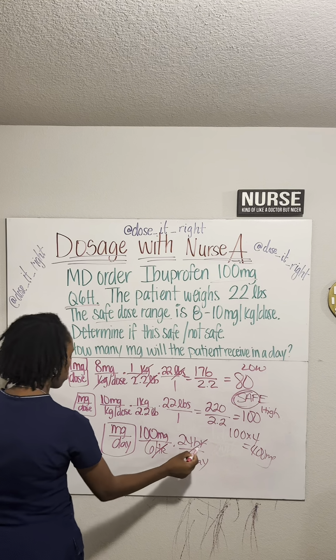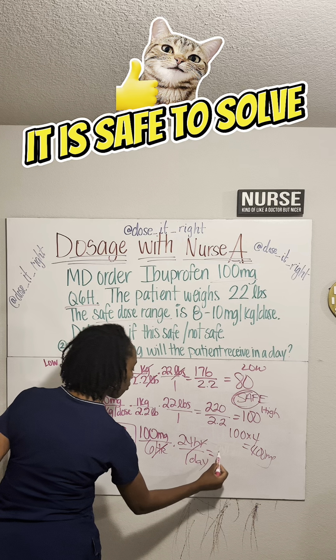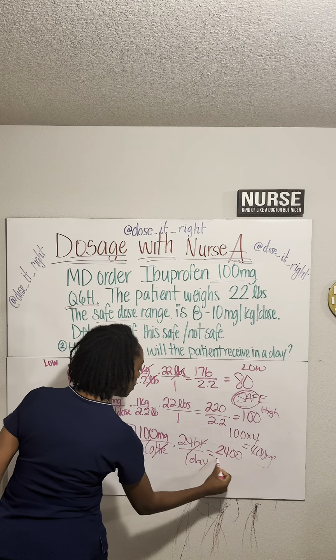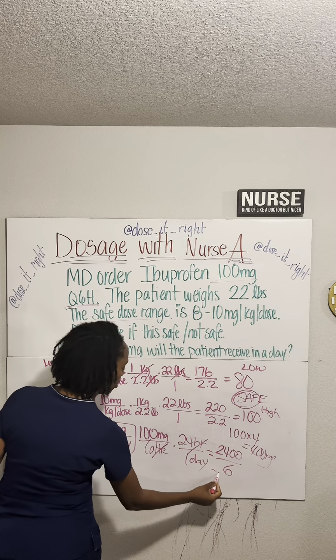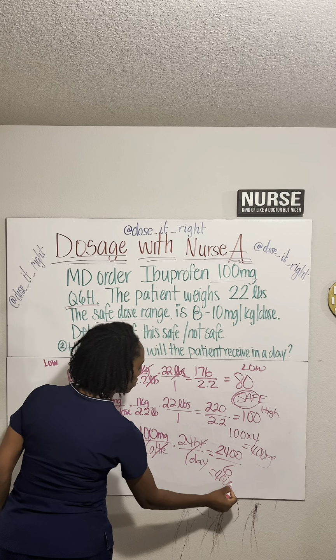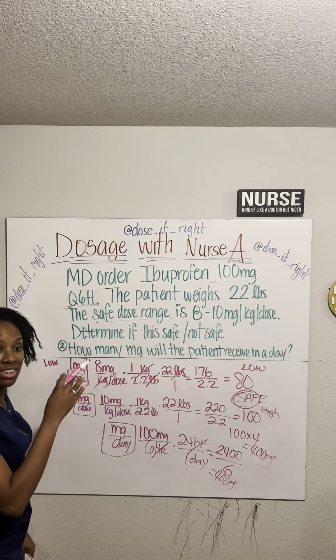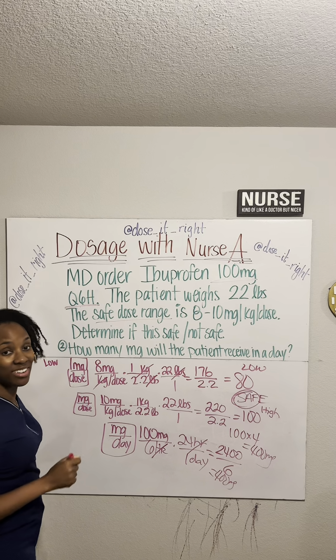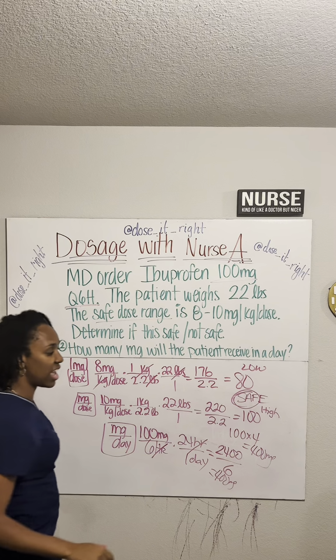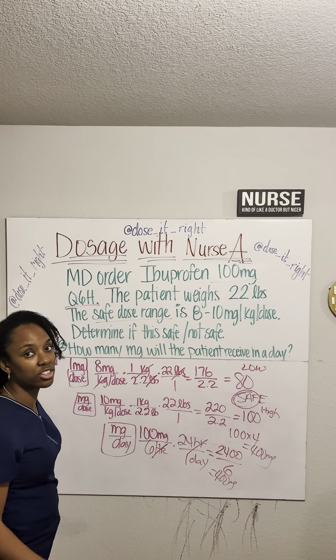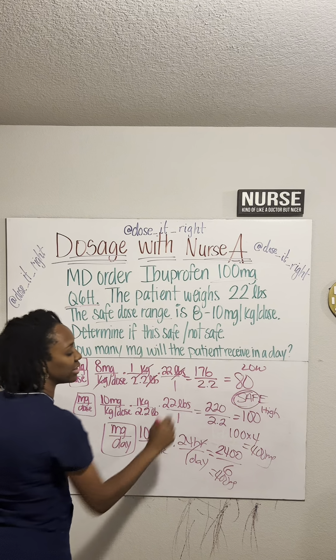So 100 times 24 gives us 2,400. 6 times 1 gives us 6, which will equal a total of 400. So 400 is the amount that they receive per day, knowing that they're getting it every 6 hours. And then this is our safe dose range. 80 is the lowest amount, 100 is the highest amount, and it's safe to give this patient.